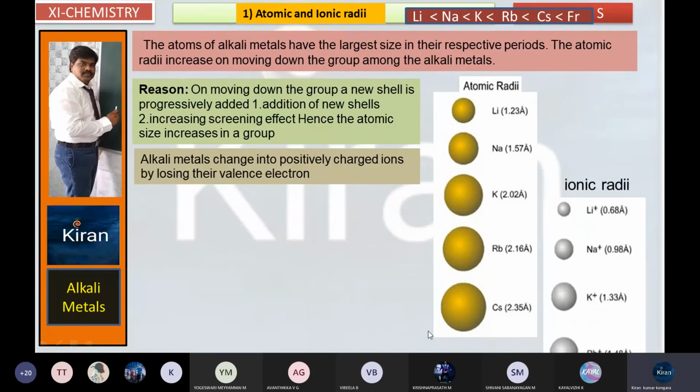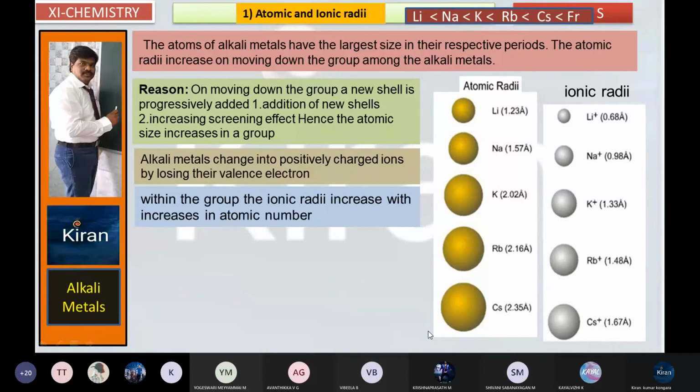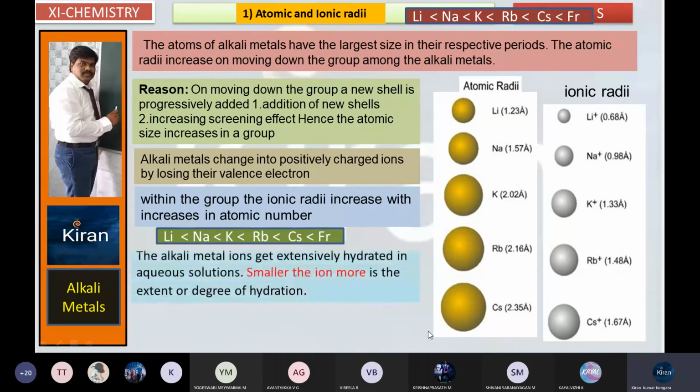In the same way, ionic radius also increases from top to bottom, lithium ion to cesium ion. Within the group, the ionic radius increases with increase in atomic number. This is about the ionic radius, lithium to francium. It also gradually increases. The alkali metal ions get extensively hydrated in aqueous solutions.